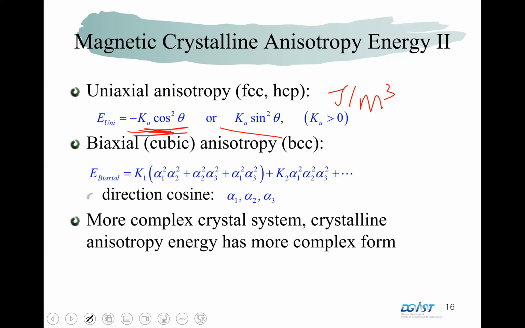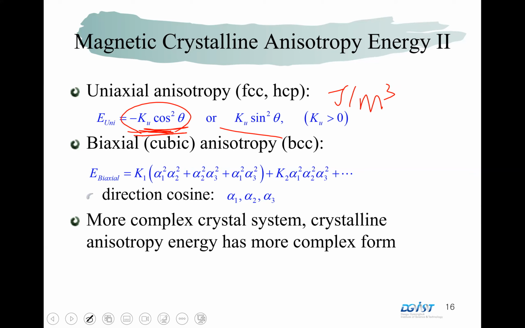When this energy term is minimized, what value of theta? 45? No, no, no. Now we are talking about Ku being positive. So when cosine theta square is 1, they have a minus Ku.